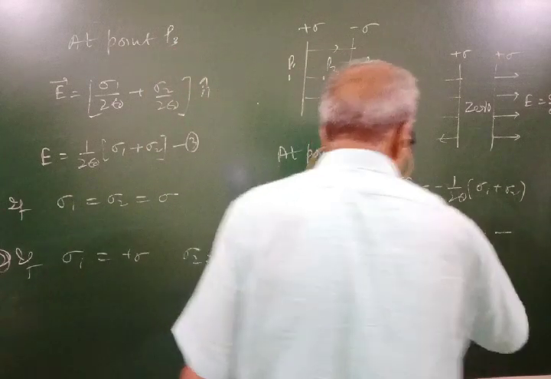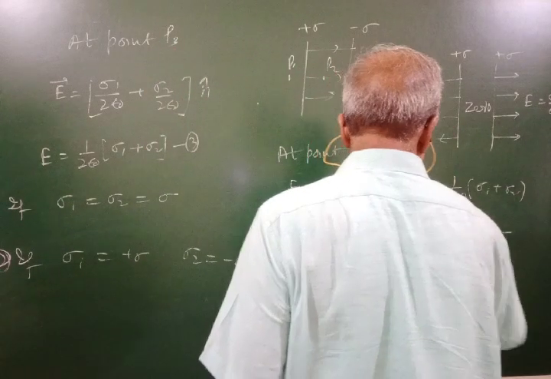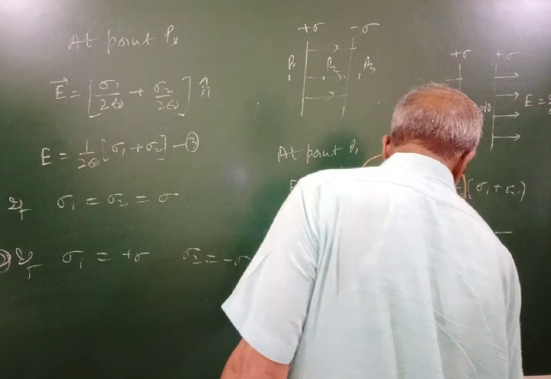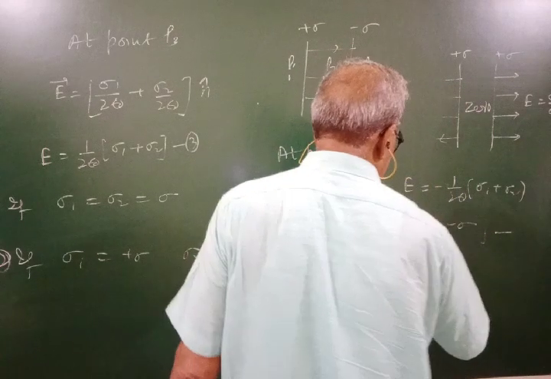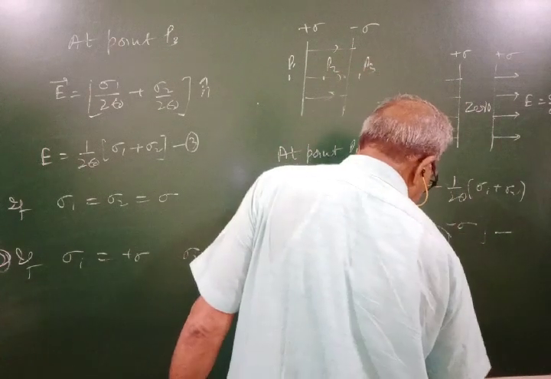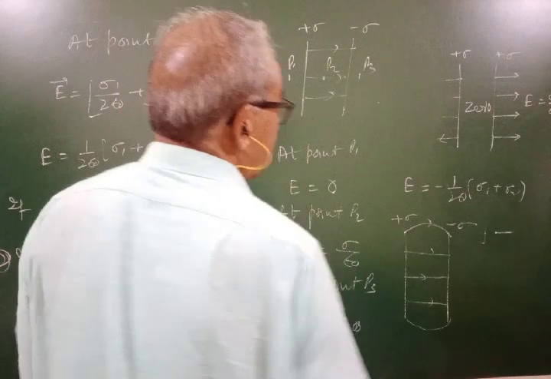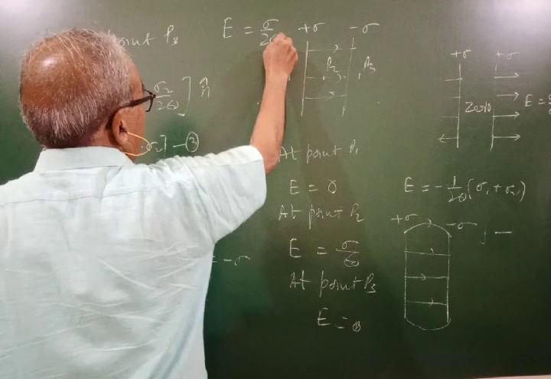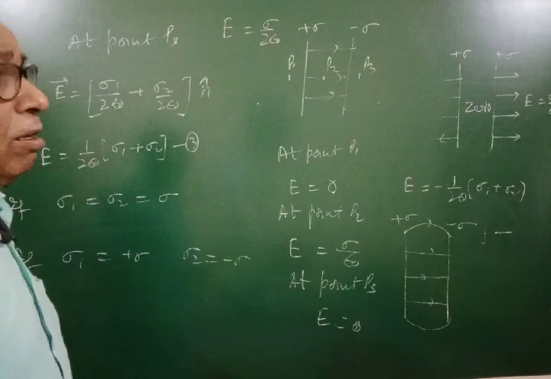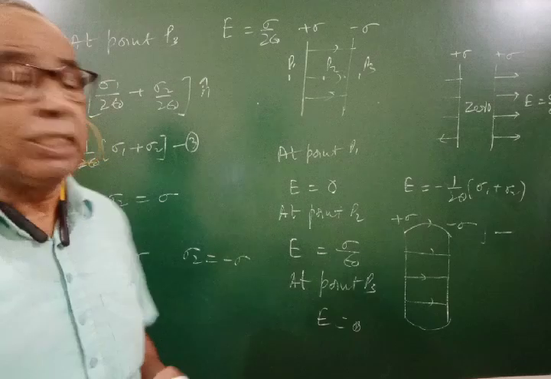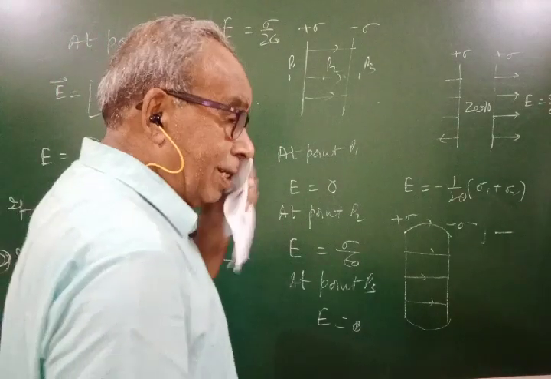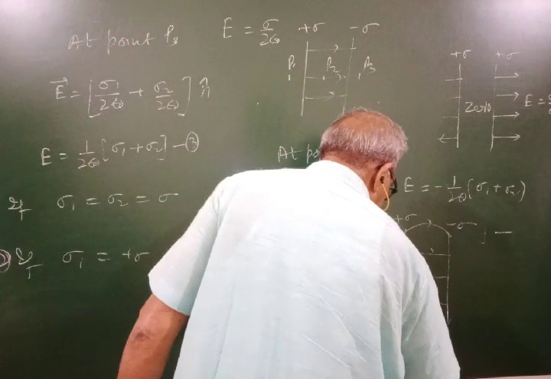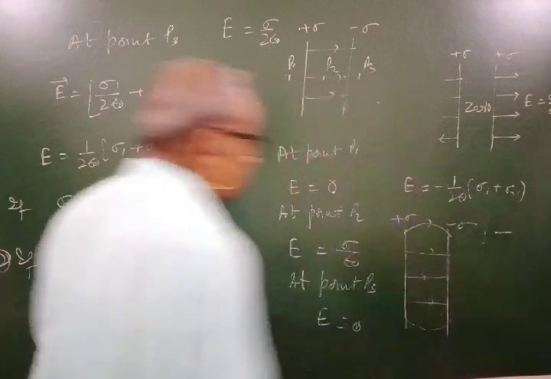This fact is actually used to produce a uniform electric field between the plates, but this field is truly uniform only near the center; outside, the field lines bend like this. Why is it so? Because E equal to sigma upon 2 epsilon 0 is the field due to a plane charge sheet, and it applies only when the distance of the plane sheet is large compared to the distance of the point P. You will learn this in the next chapter, capacitor.